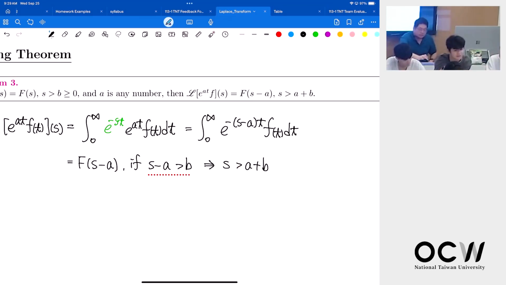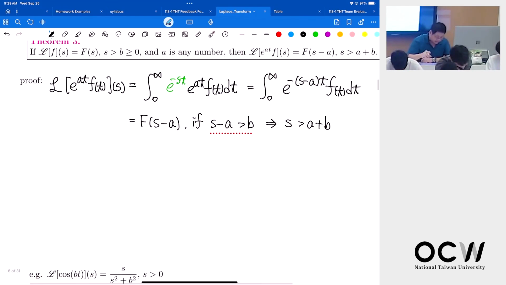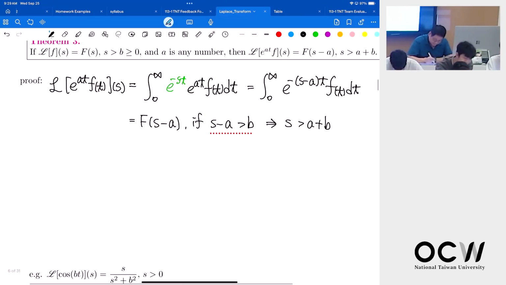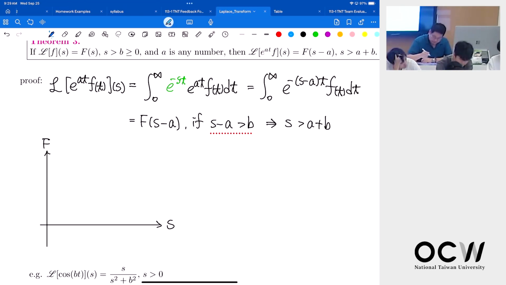So suppose your function F(s) is here. First, this is your F(s).